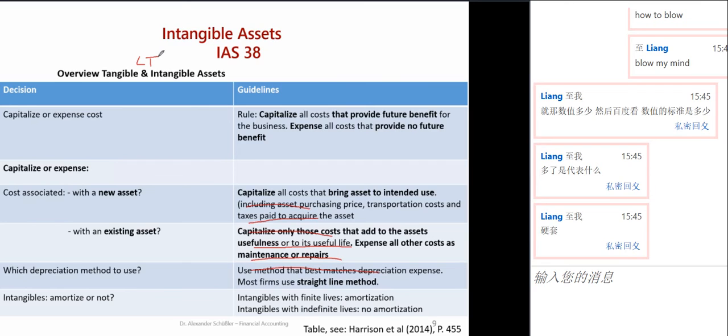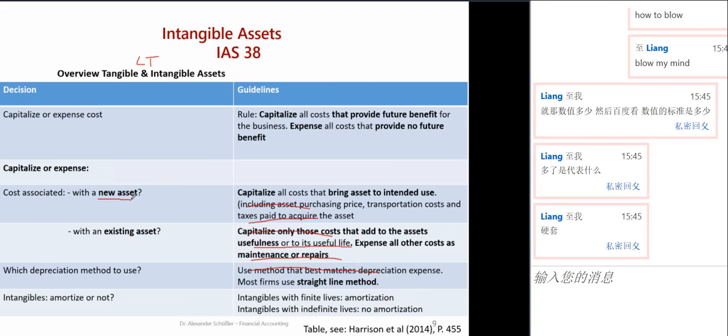If we're talking about capitalizing or expensing more specifically, when we're talking about a new asset, then capitalize all costs that bring the asset to the intended use, including the purchasing price, of course, which is the most important element, and transportation costs and taxes paid to acquire the asset.